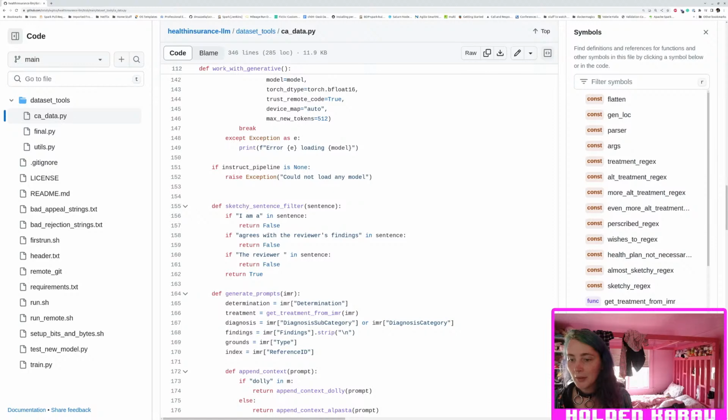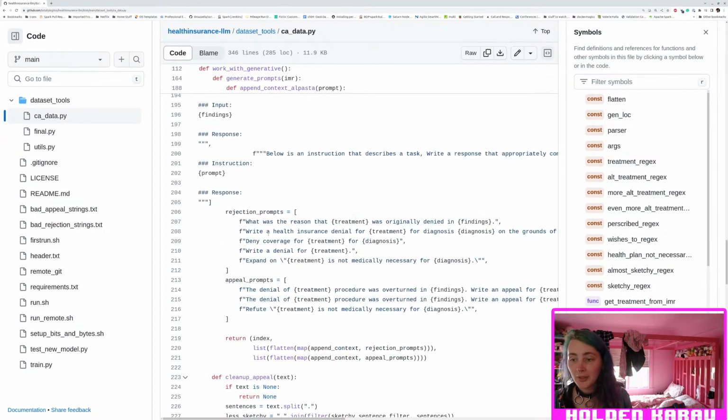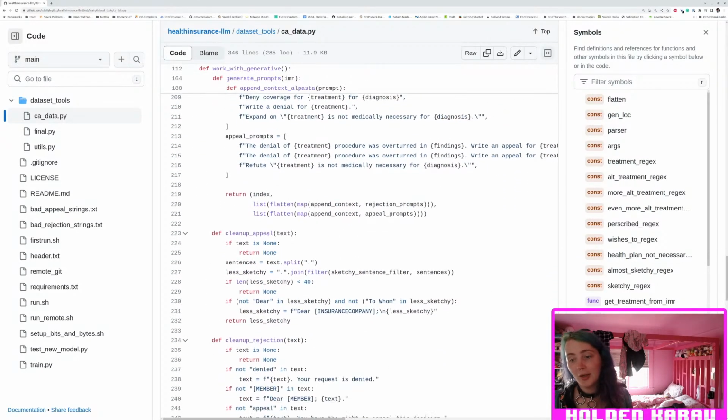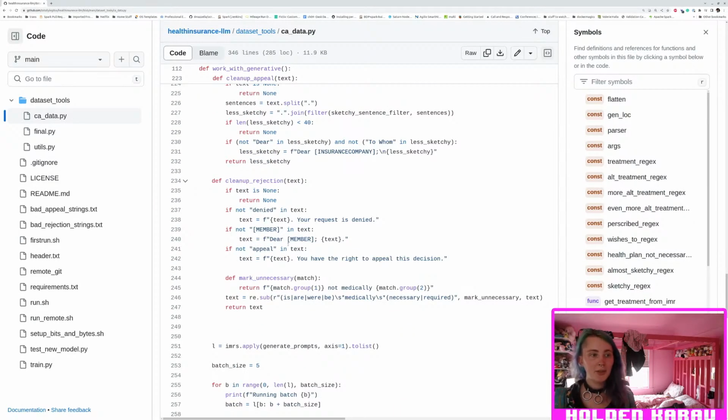And then what we do is we take these and we generate appeals and denials. They're sort of synthetic. They're not perfect. Once again, we also do some additional cleanup on the results to filter out some of the appeals that don't make sense.